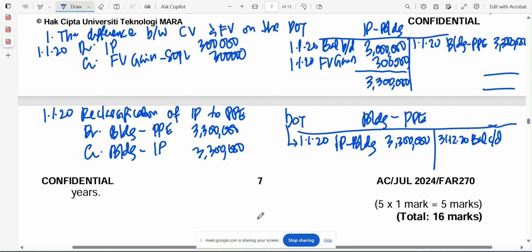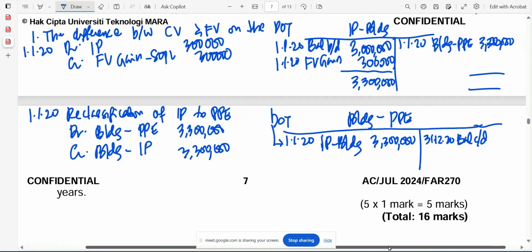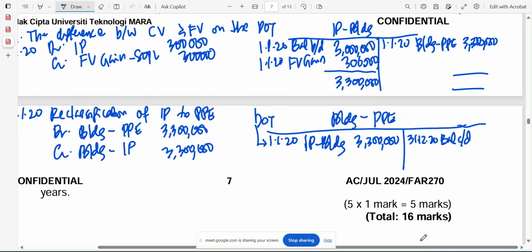So that is the amount that you start to consider to depreciate in the first year. So on 1st of January 2021, you have a balance brought down of 3.3 million. Okay, that was the journal entry and the ledger.